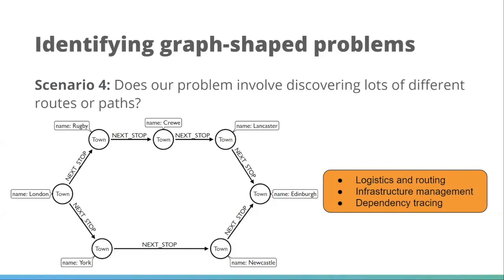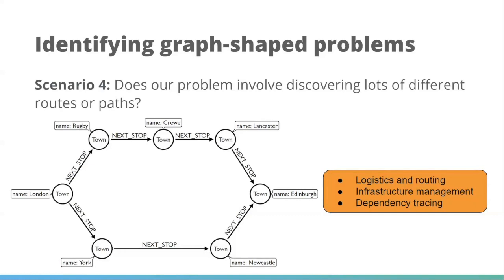Infrastructure management is another example. We touched on this previously in the last scenario where we were talking about a dependency on a certain item, but this also fits in with trying to identify whether you have enough contingency. If you have an important component, you want to make sure you have enough redundancy in your system, so that if that component goes down, you don't have mass disruption within your infrastructure.